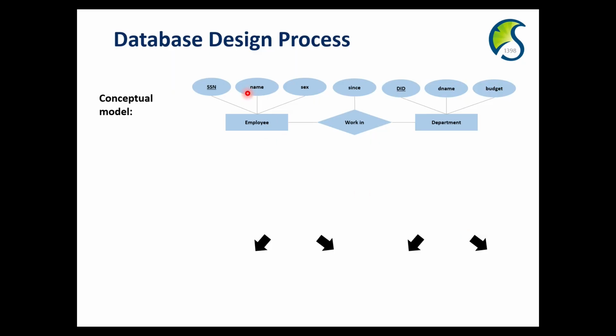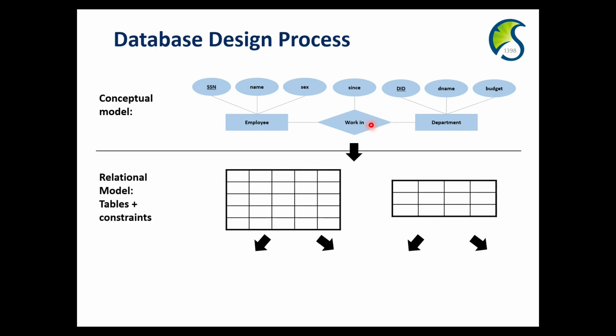Let me further explain the database design process. This is a conceptual data model, and based on the conceptual data model, we can generate the relational model. When we generate the relational data model, we also need to specify constraints.